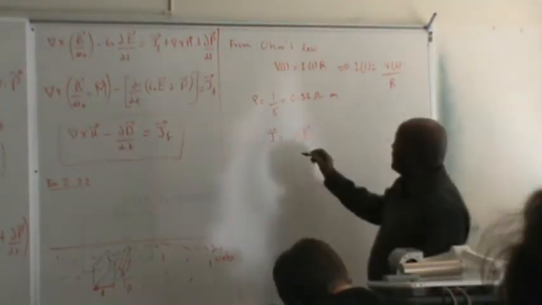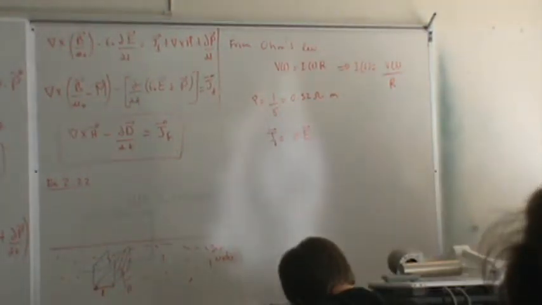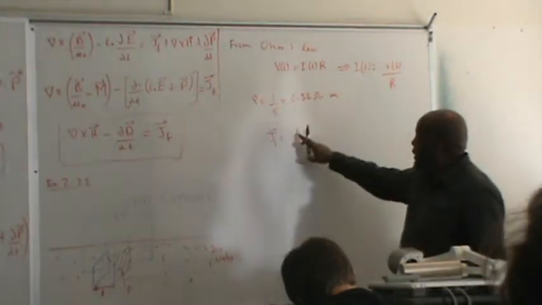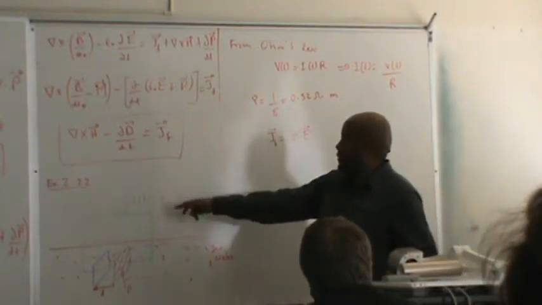So this is the free current, all right? That's due to the actual motion of the free charges created by the electric field. So the electric field should be a result of the applied voltage, right?